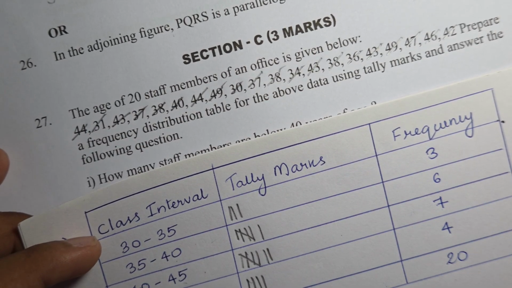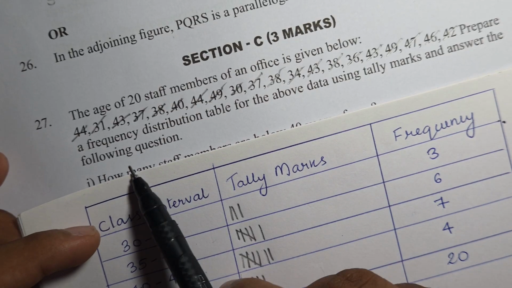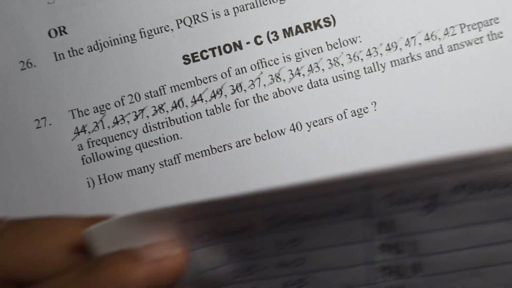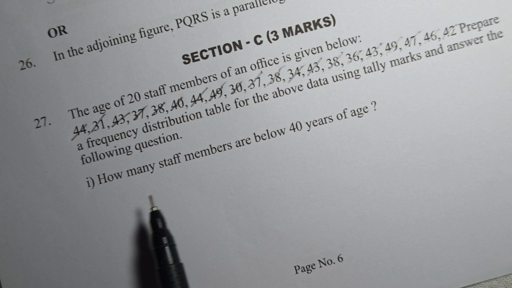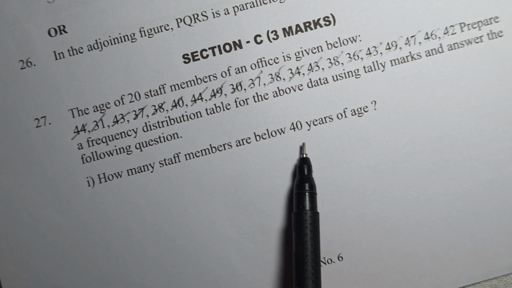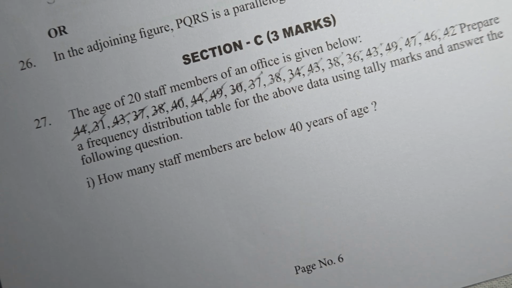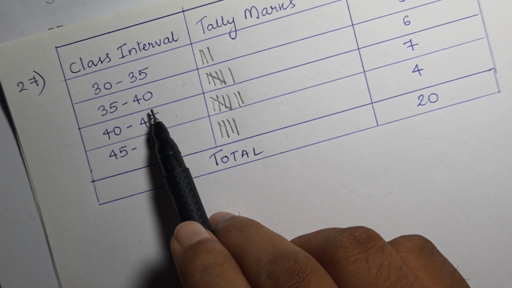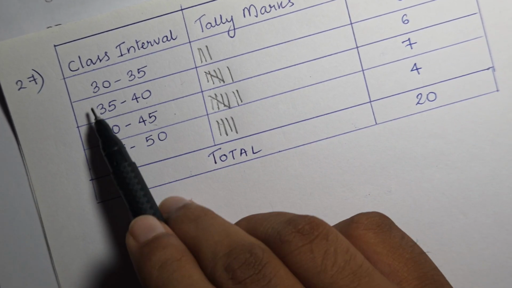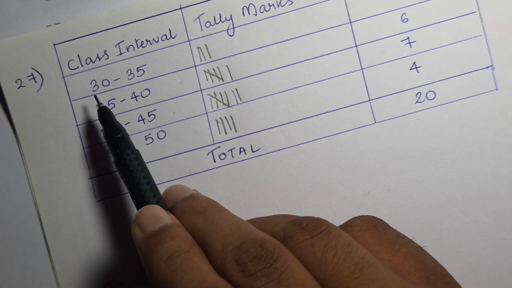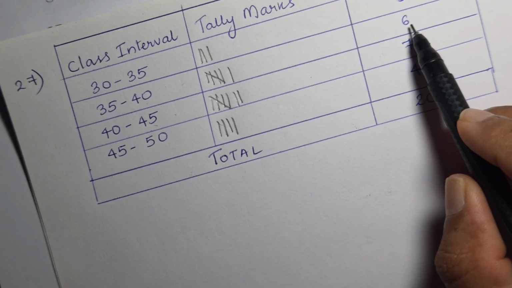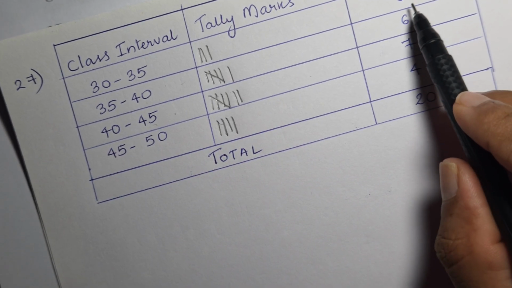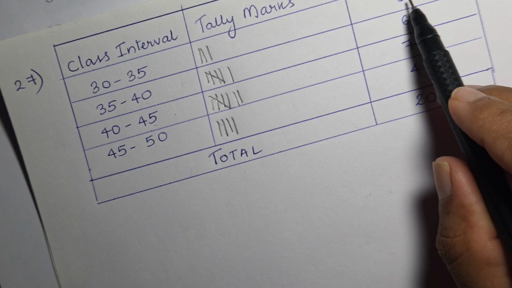Okay, now once the table is ready, answer the following question. The question is, how many staff members are below 40 years of age? So this will be below 40 years of age. Below 40 years of age is 6 and 3, that is 9.